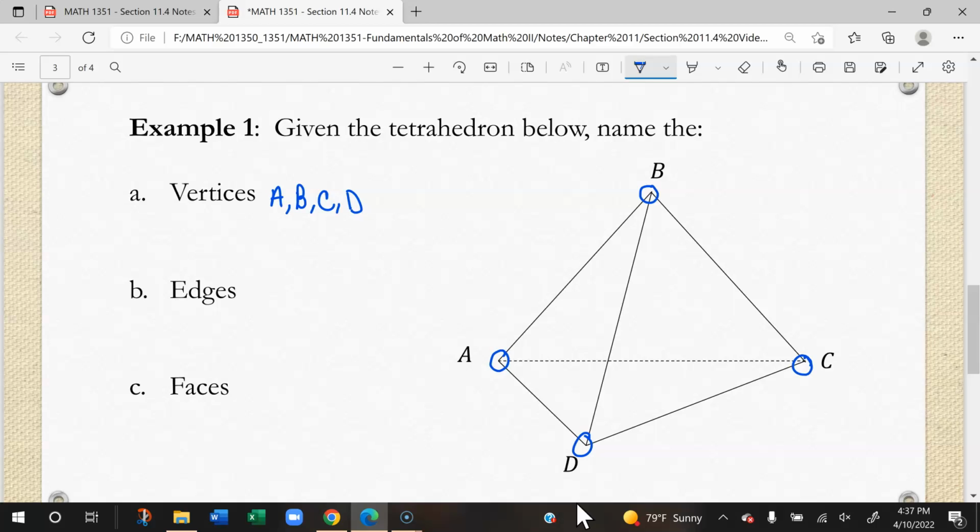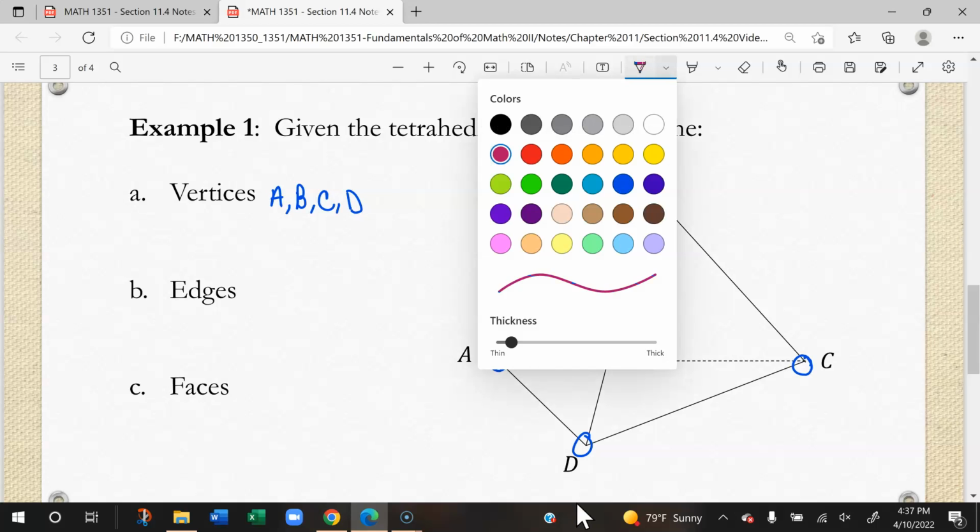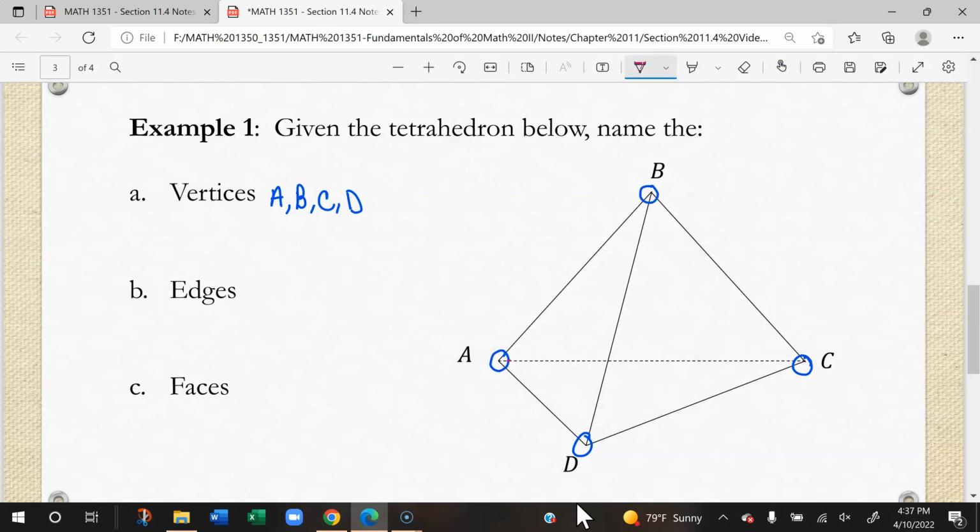The edges are basically the lines. So here's one edge, here's an edge, here's an edge, here's an edge, here's an edge, and here's an edge.